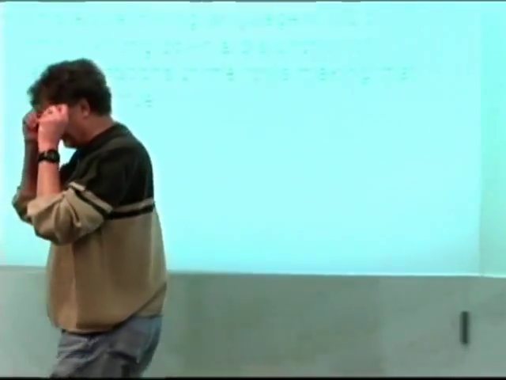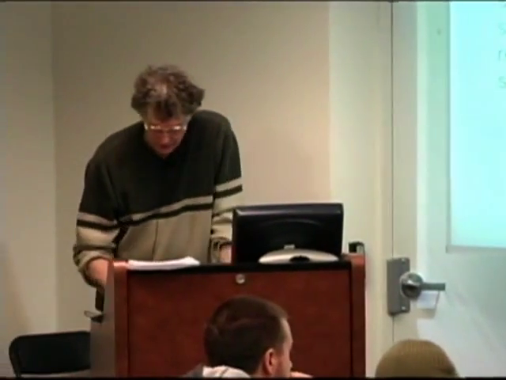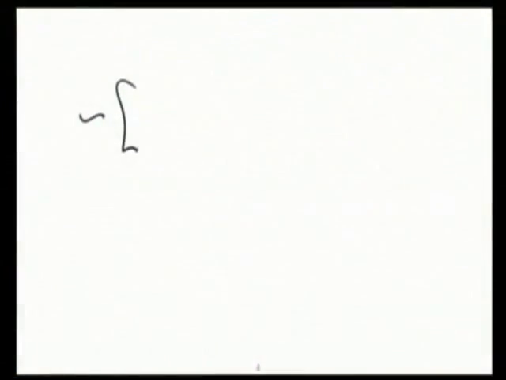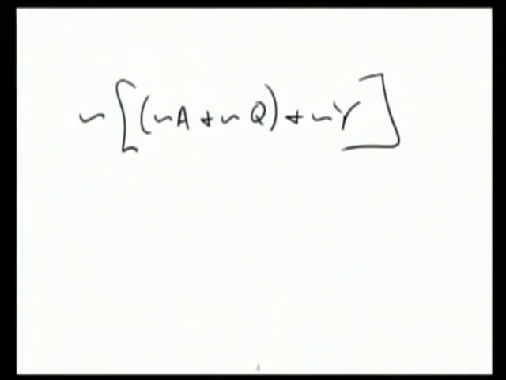So one way of writing that down would be not A and not Q and not Y. Right? So that's sort of a corollary to this general rule.